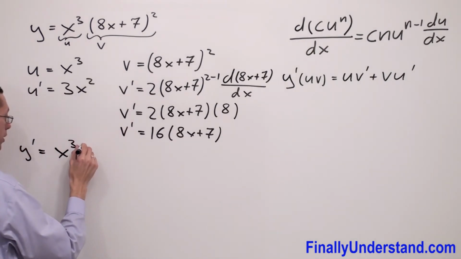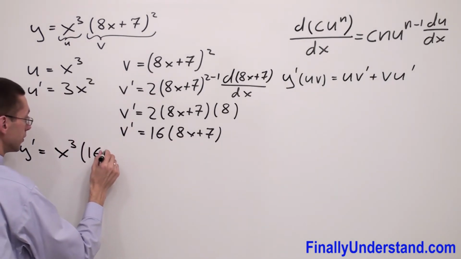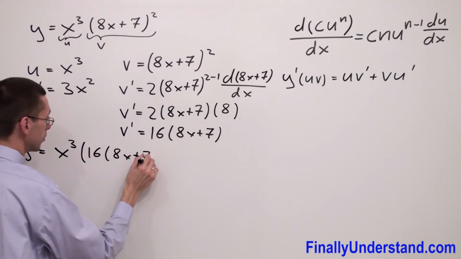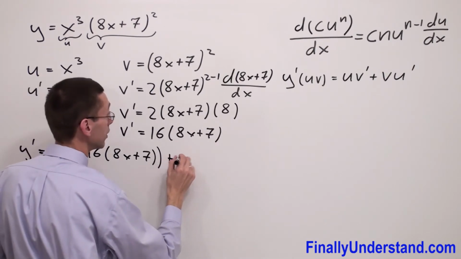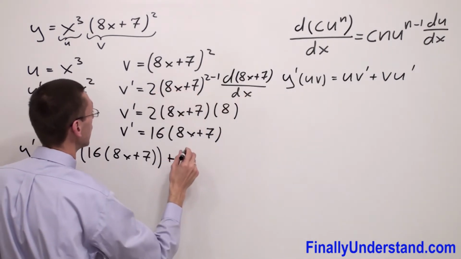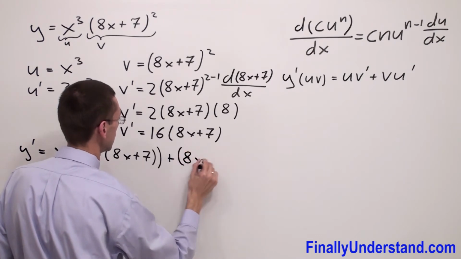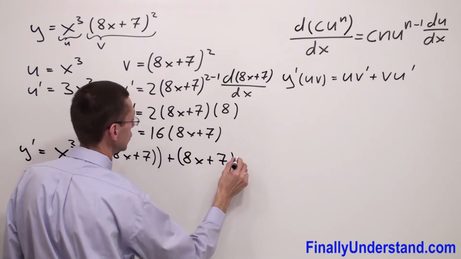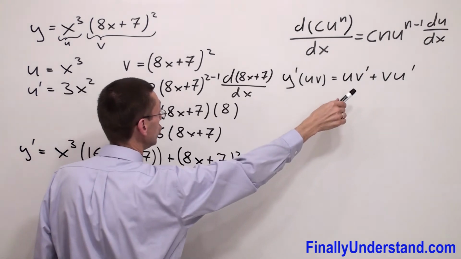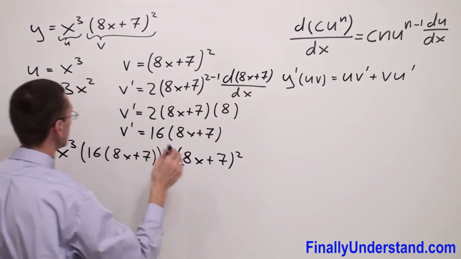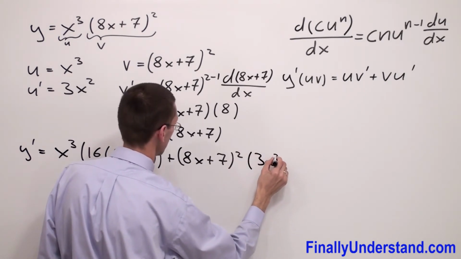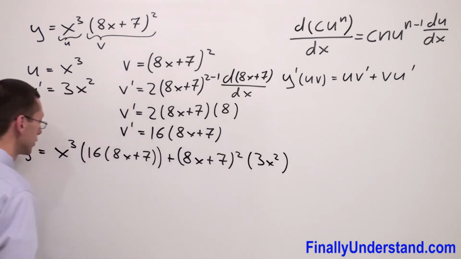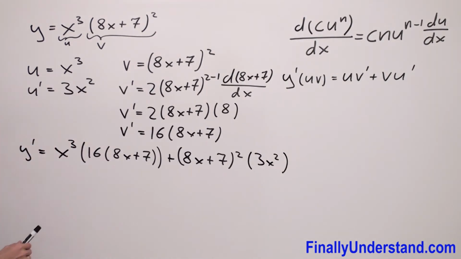V prime is 16 times (8x plus 7), plus v, which is equal to (8x plus 7) to the second power, times u prime, and u prime is equal to 3x squared.